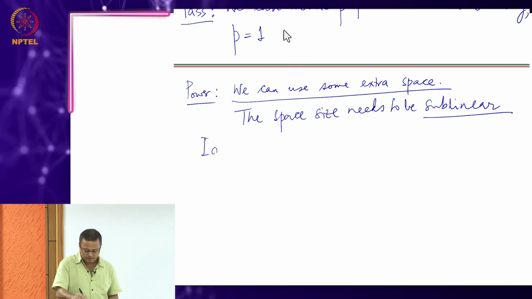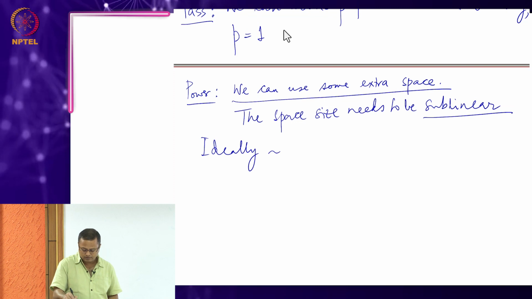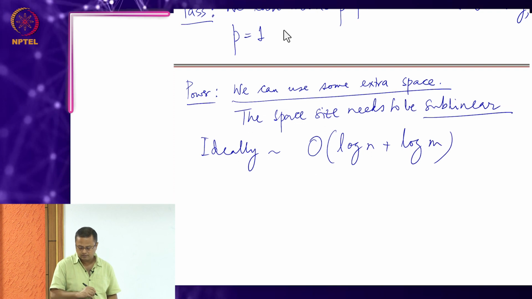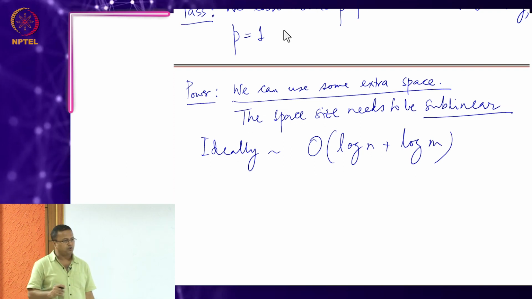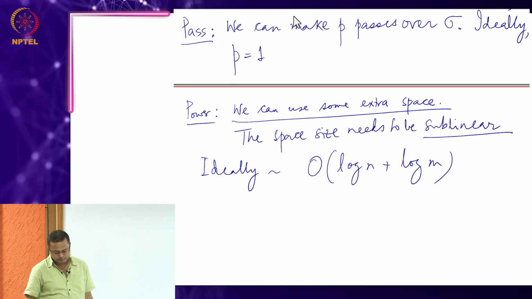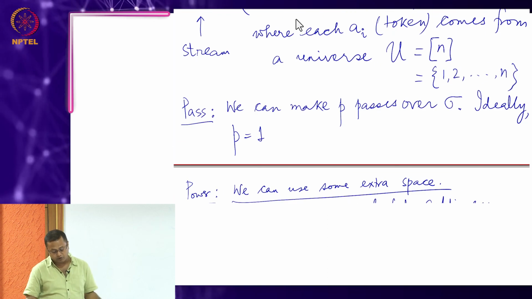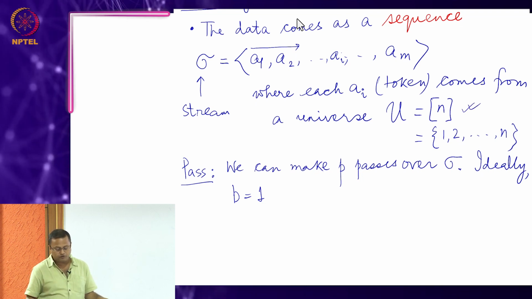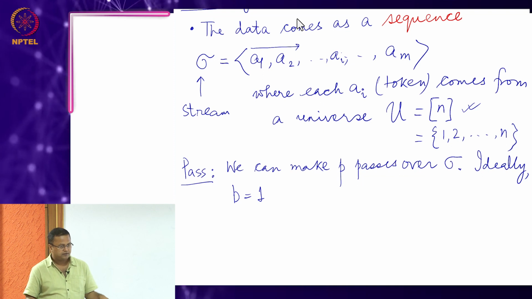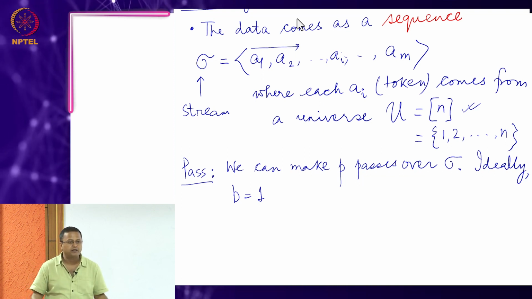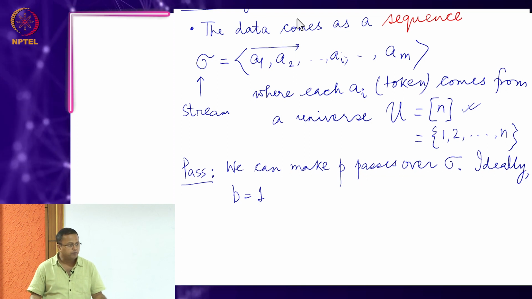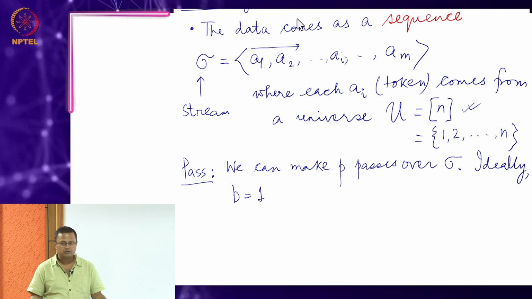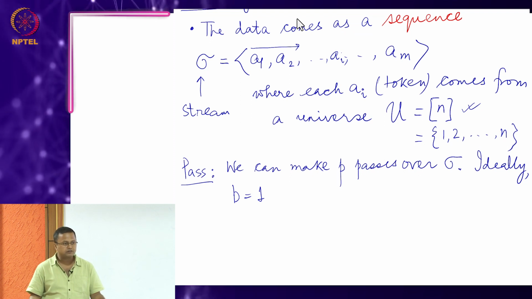Ideally, why log n plus log m, or minimum over log n, log m? Because your universe is of size n. So, to encode each token in binary you need log n bits. You appreciate this?